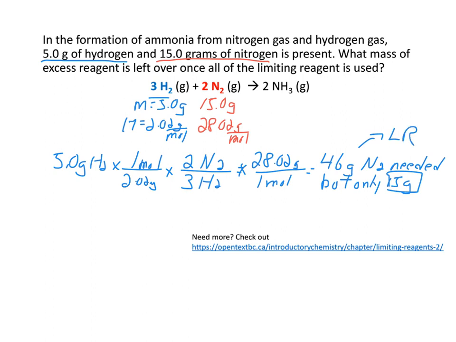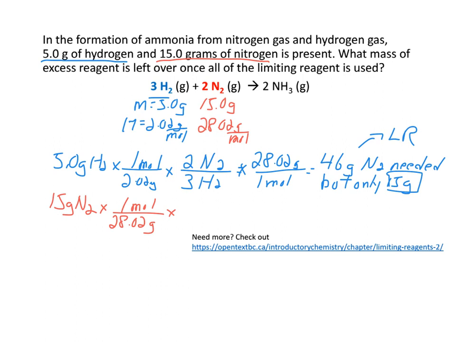So just as before, let's do some math with our limiting reagent. So we have 15 grams of nitrogen gas. Convert that into moles by dividing by the molar mass. Now we need to find how much of the hydrogen we're going to use up.